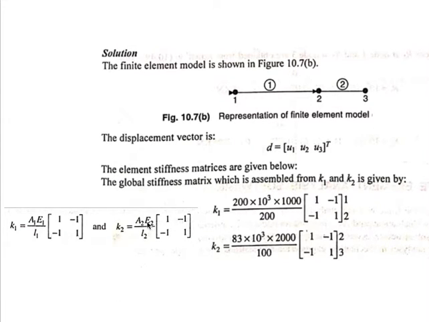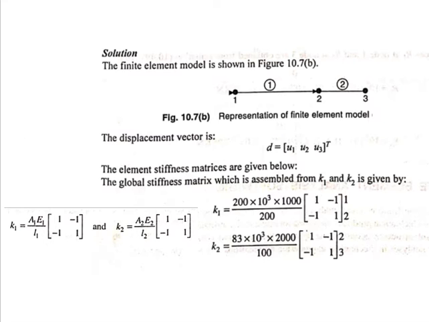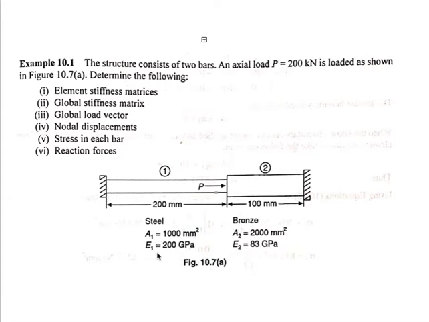On this basis, the global stiffness matrix is assembled from K1 and K2. Here A1 has been given as 1000, and E1 is 200 GPa, that is 200 into 10 raised to 3. Are you getting this?